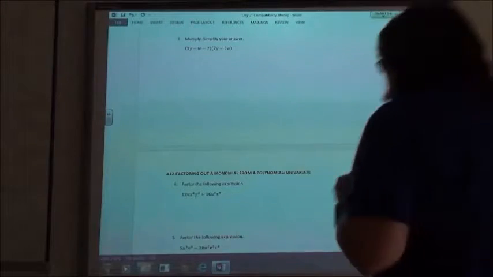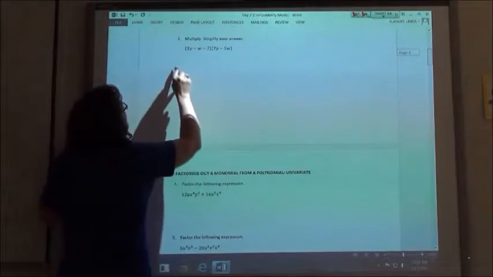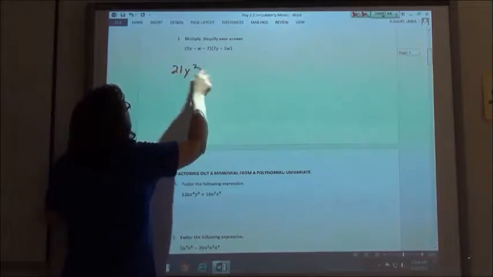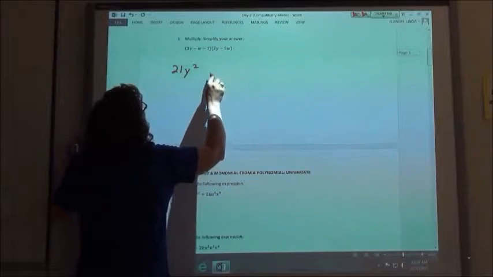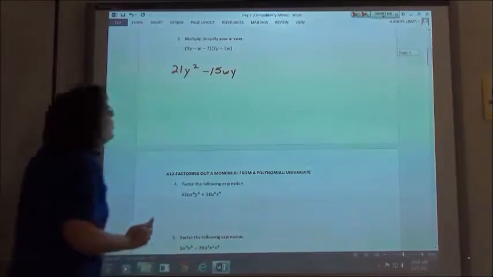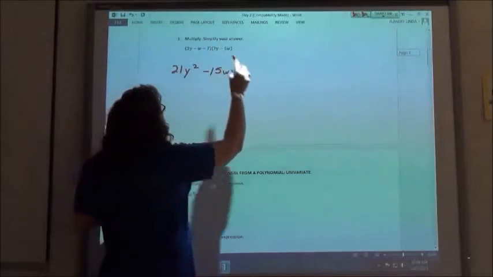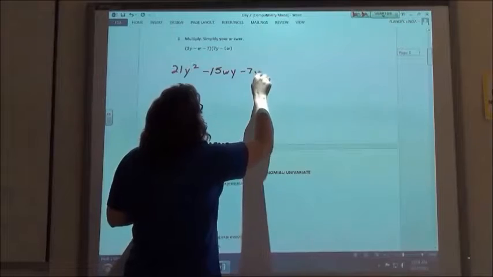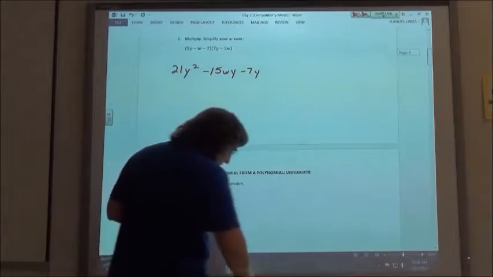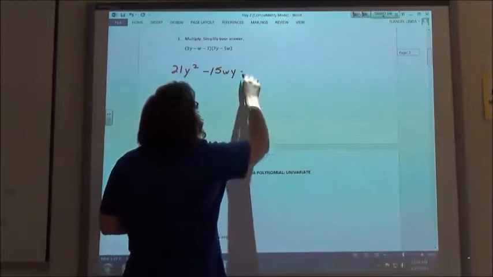So number 3, we're multiplying that one out. 3y times 7y is 21y squared. 3y times negative 5w is negative 15, I'm going to call that wy. You can call it yw if you choose. Negative w times 7y, negative 7wy, so better be consistent.